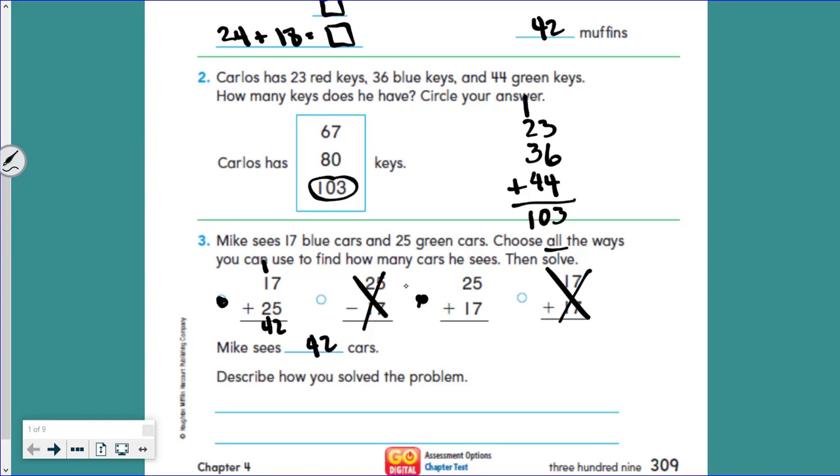Okay, so describe how we solve this problem. So we added, and yours doesn't have to be exactly what I have, as long as you can explain what you did.